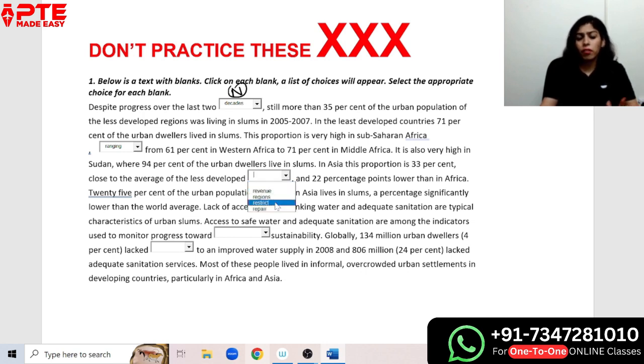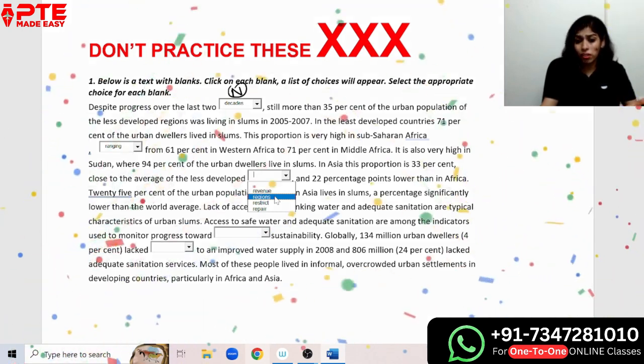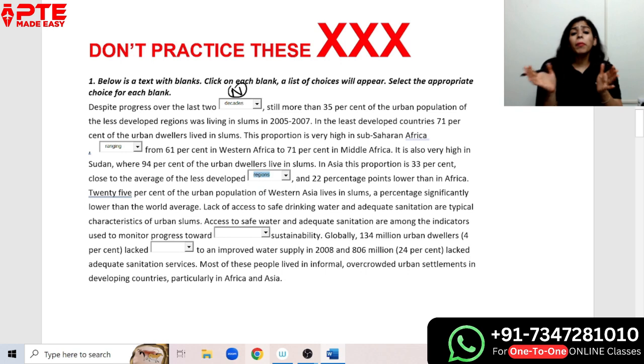Okay. Restrict is a verb. Repair is a verb. These two cannot be the answer. So, less developed regions or revenue, definitely regions. Without even matching the meaning, just after looking at the options, we are able to know that this is the correct answer. Only this is the one which is matching the demand of the question.